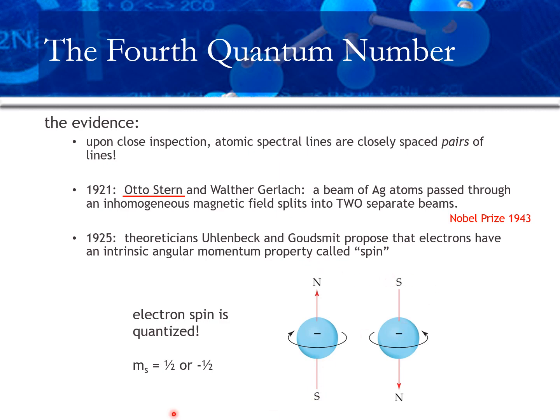This is a little bit misleading because it really doesn't have a classical analog. You can't write down a classical equation that describes electron spin in any way. This is a purely quantum mechanical effect, and in fact it's actually an offshoot of special relativity, so it's pretty hard to derive.